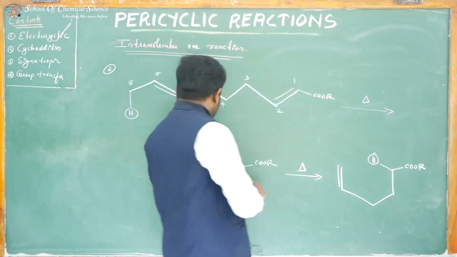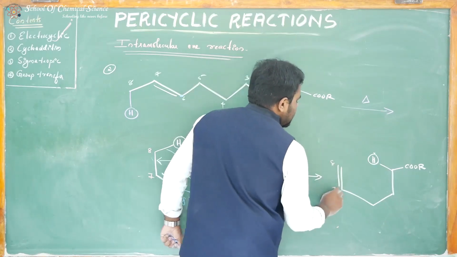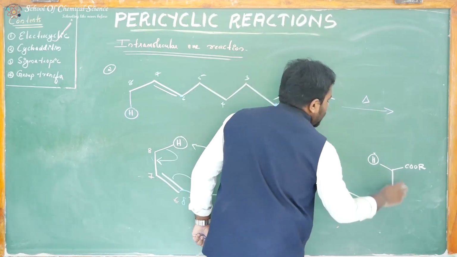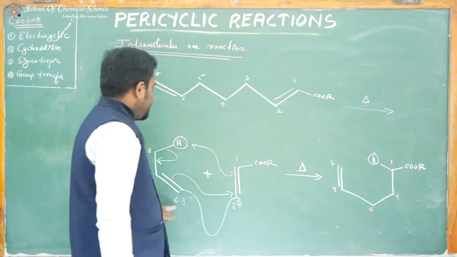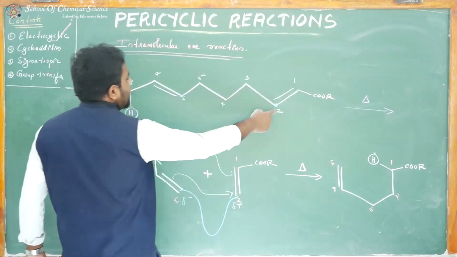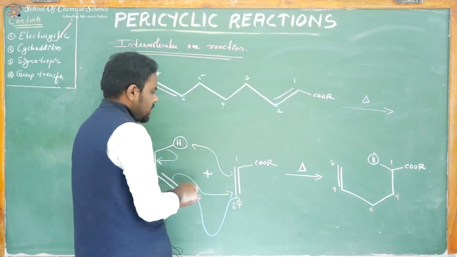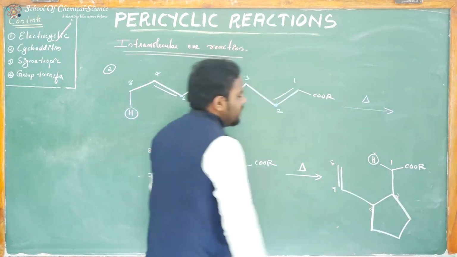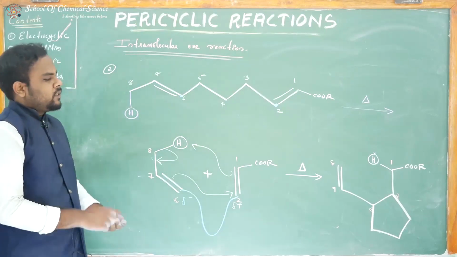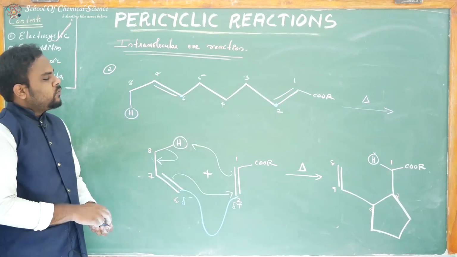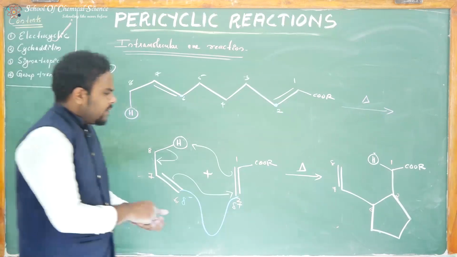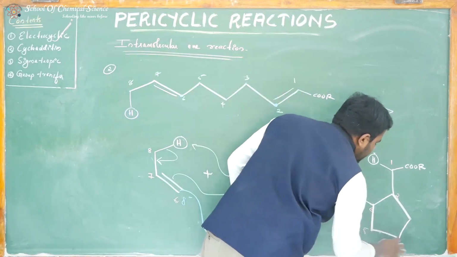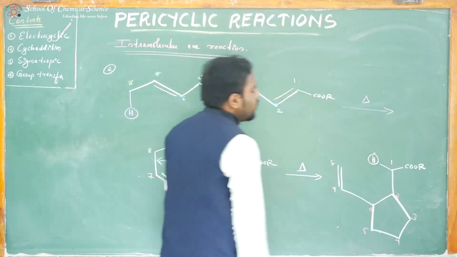Again give the number: 8, 7, 6, 2, 1. Between 6 and 2, 1, 2, 3 carbons are there. That will be your final product. The numbering is 5, 4, 3, 2, 1.